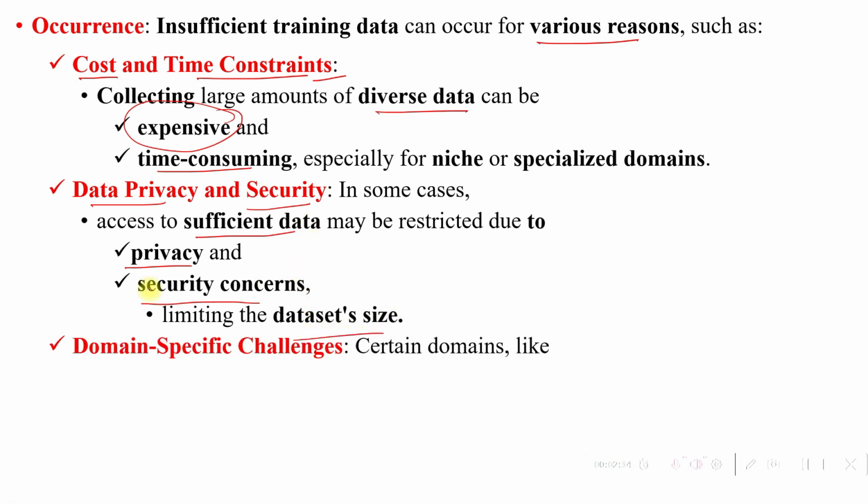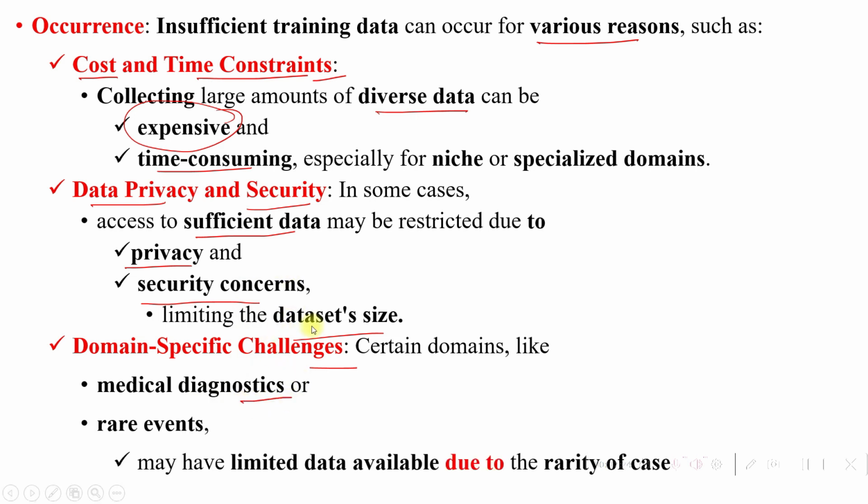The next problem is domain specific challenges. Certain domains like medical diagnostics or rare events may have limited data available due to the rarity of the cases. So due to that, we get less data.